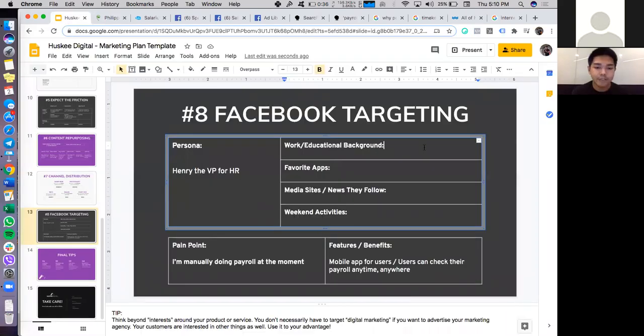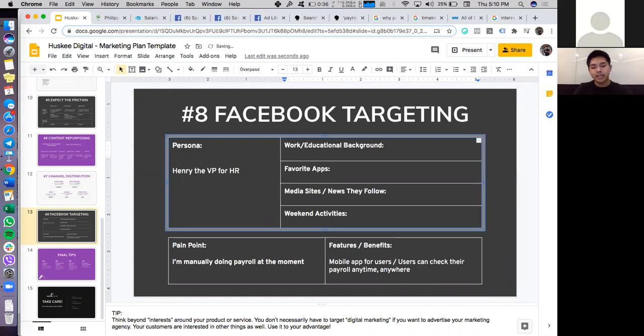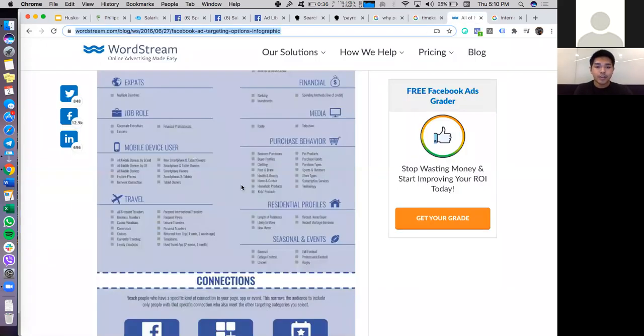For example, for Henry, the VP of HR, I'm trying to target people who are in healthcare, let's say real estate, and let's do other software companies. Those are the industries that I want to target. And then I will look accordingly for them here.